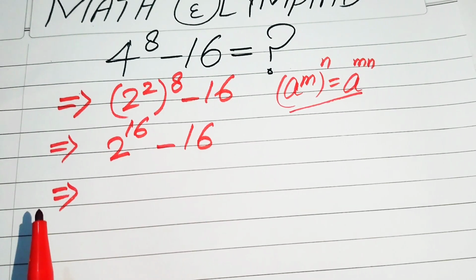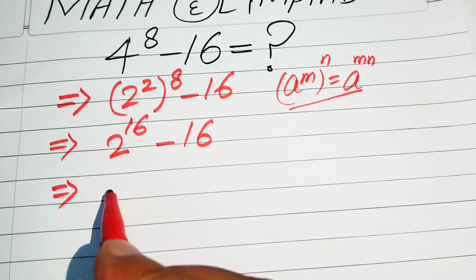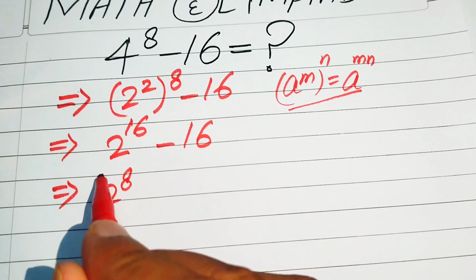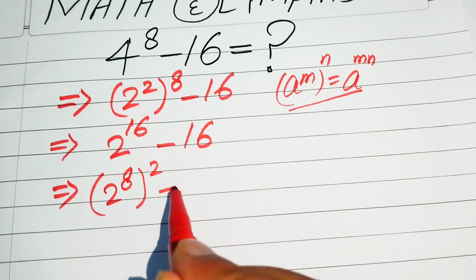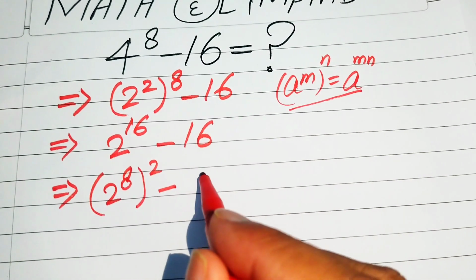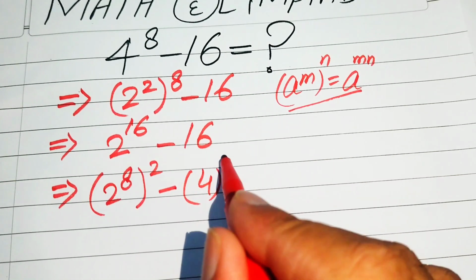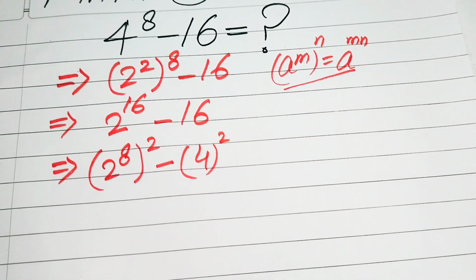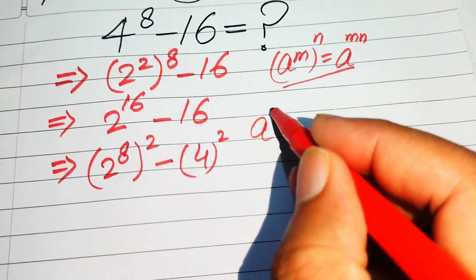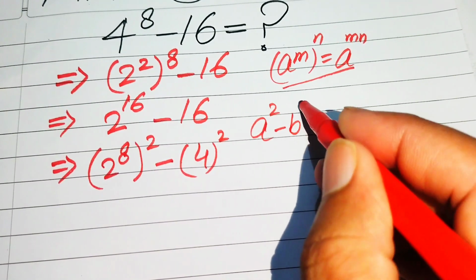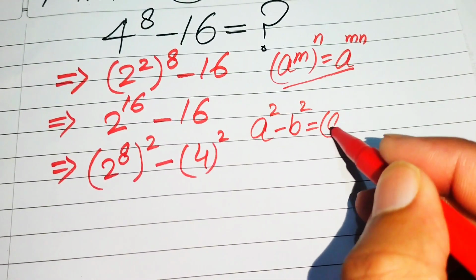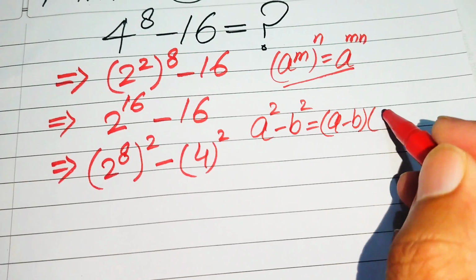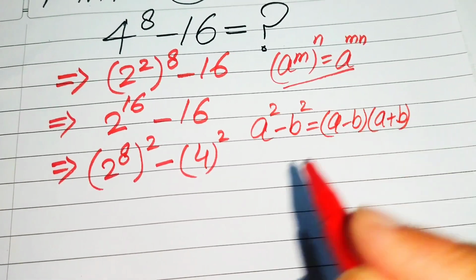So here we rewrite this expression as 2 to the power of 8 and its whole square, minus 16, and we write 16 as 4 square. After that we use the square identity: if we have a square minus b square, it is equal to a minus b times a plus b.